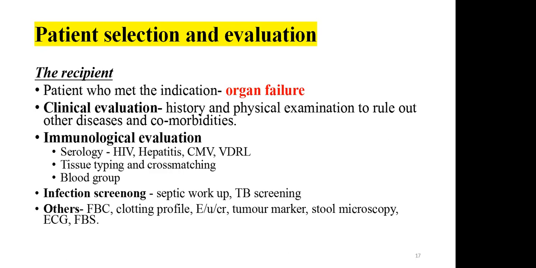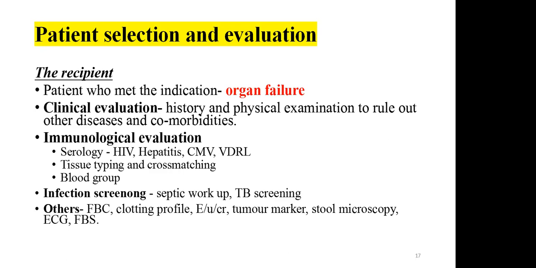Optimizing this patient includes full blood count, protein profile, tests of renal function, and tumor markers to detect any malignancy. Because by the time these patients are immunosuppressed, if there is a malignancy elsewhere that was not apparent before transplantation, it may progress, because immunosuppression also helps in the progression of tumors.